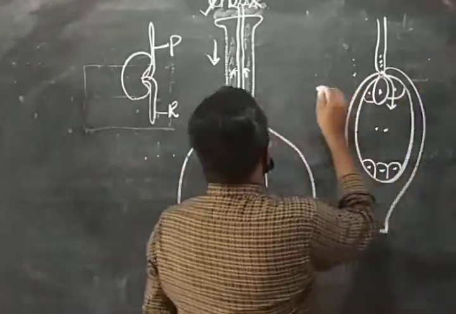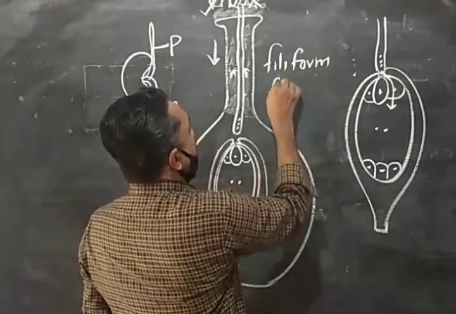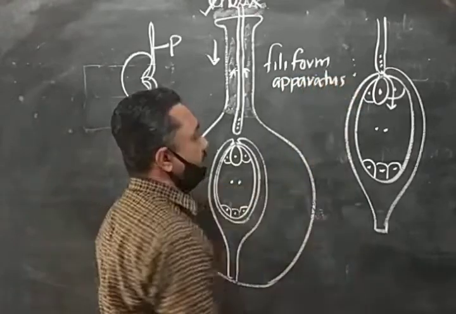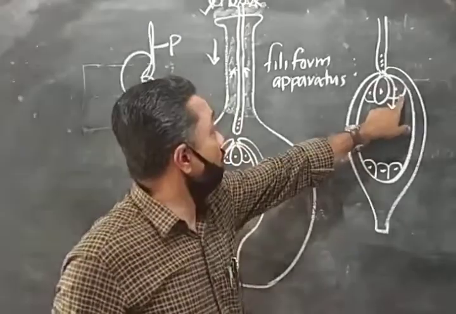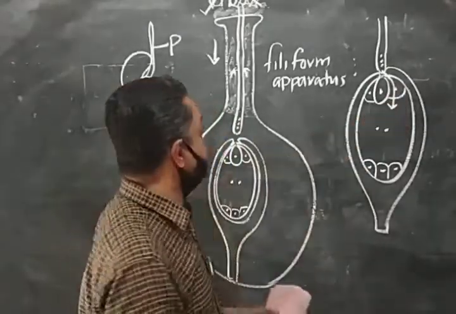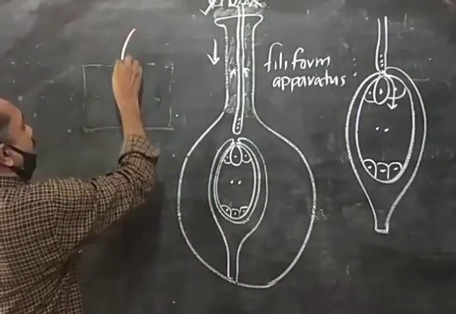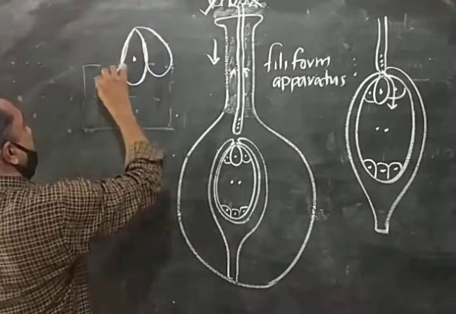Both synergids contain finger-like structures called the filiform apparatus. Just represent it like that. Suppose this is the egg cell, and on either side synergids are there.